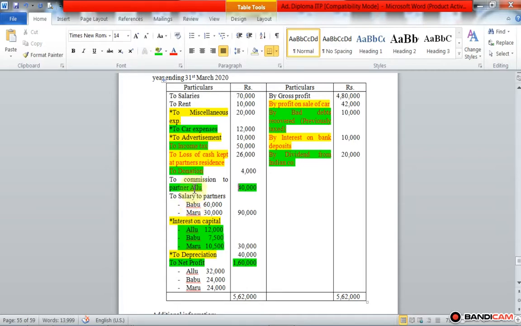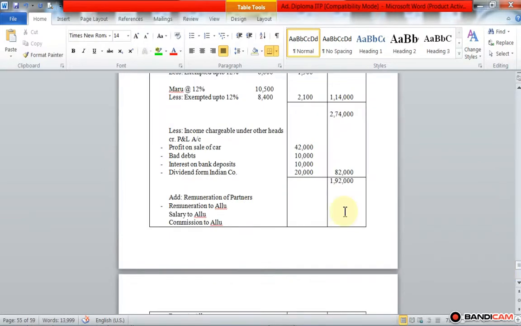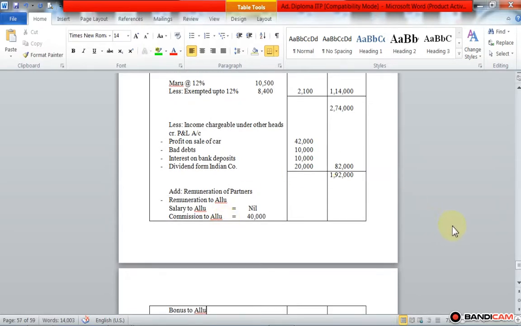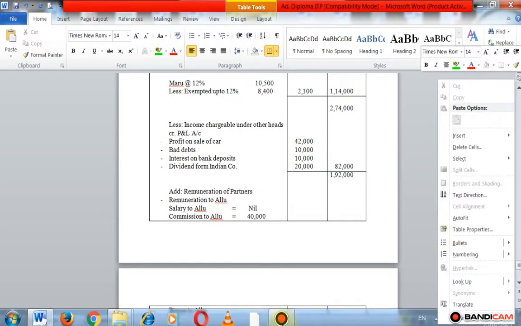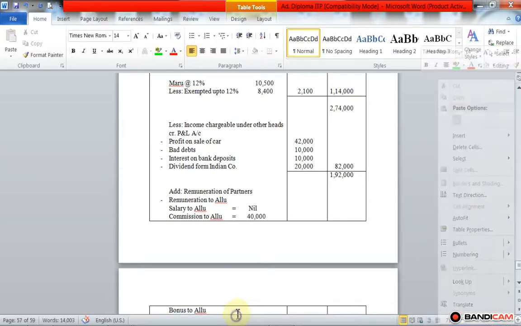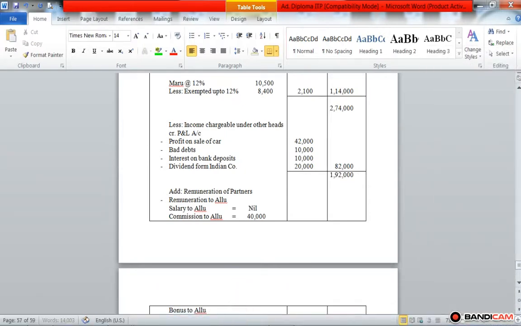It means salary is not given to Alu, so here salary is equal to nil. Commission is given to Alu, amounted to rupees 40,000, and bonus is not given to any one of the three partners, so bonus is equal to nil.